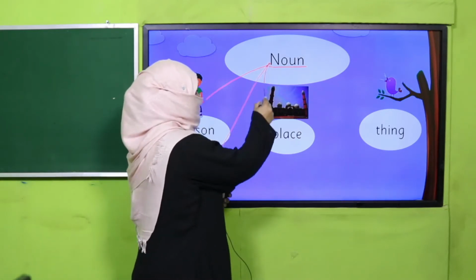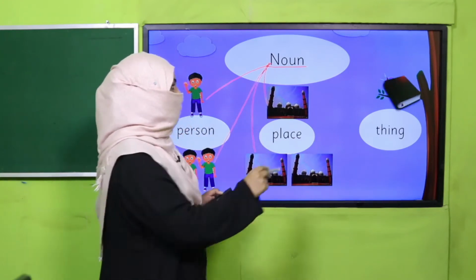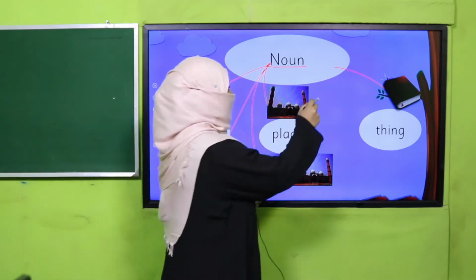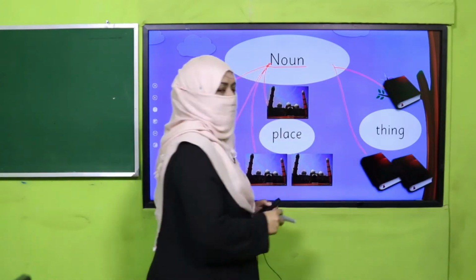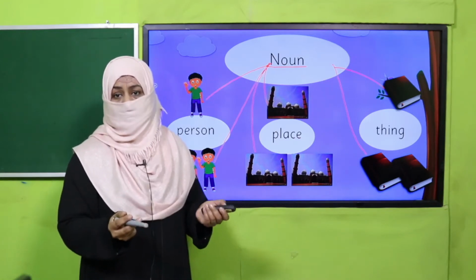One place, singular, more than one places, plural. One book, one thing, singular, and more than one things, plural. So nouns can be singular or plural.